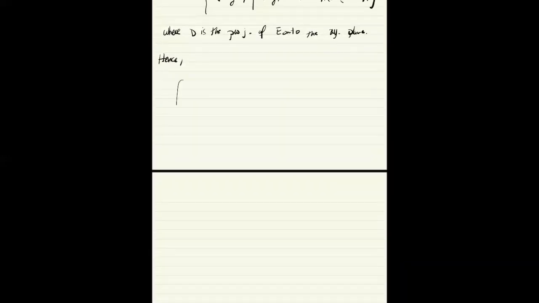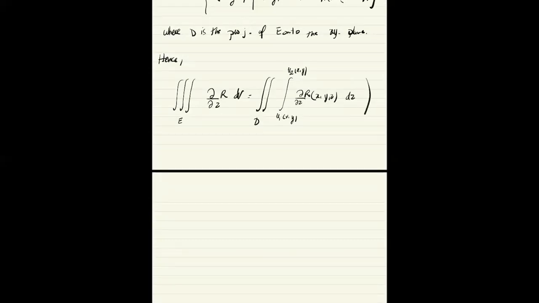Hence, what is the integral over E of R k dV? This is the integral over the domain D, of the integral between u1(x,y) and u2(x,y) of R(x,y,z) dz, and the whole thing dx dy.